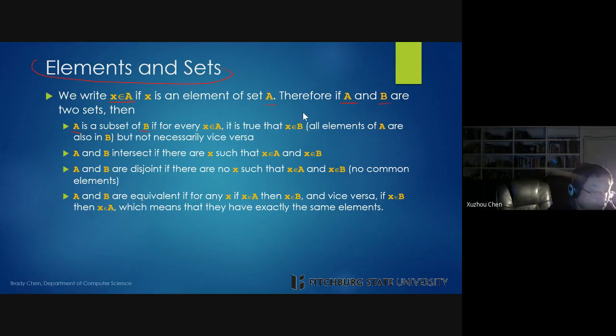So it basically means that if A is a subset of B, all elements of A are also in B.